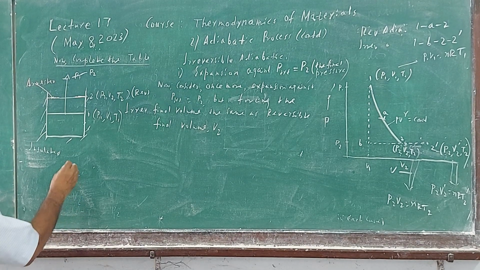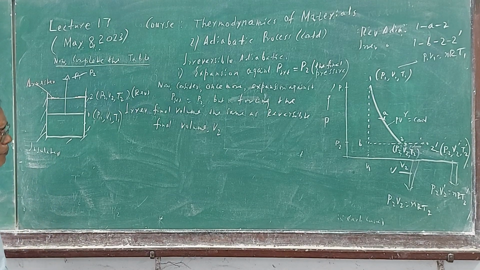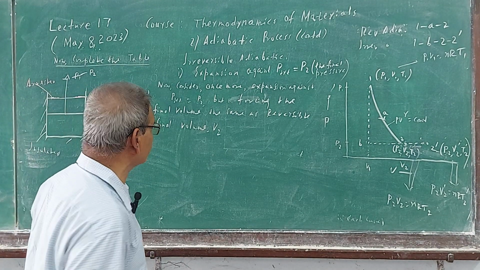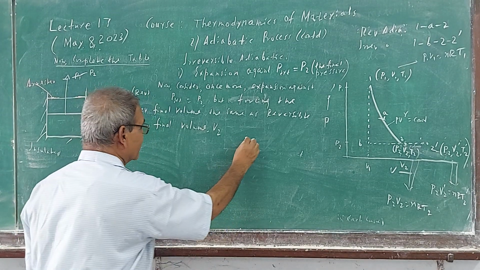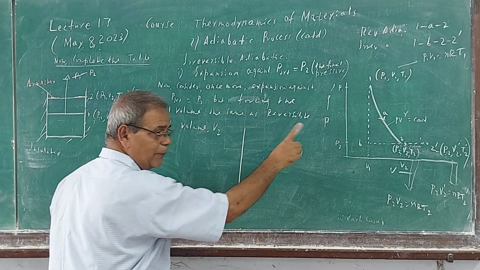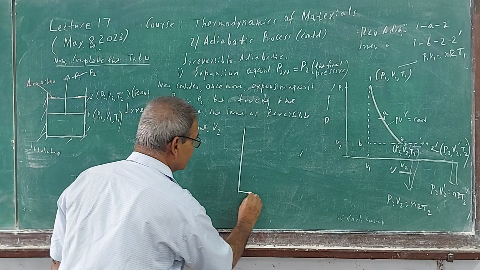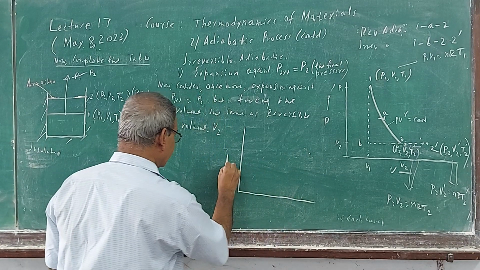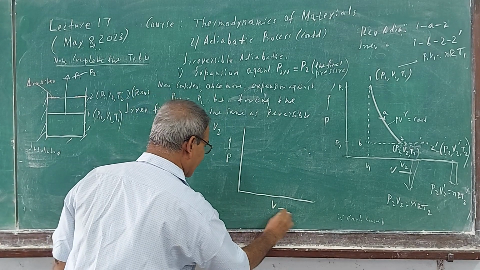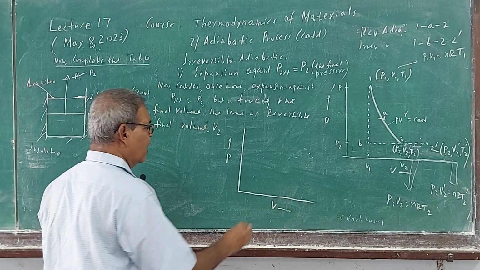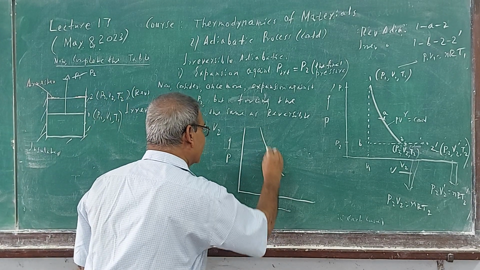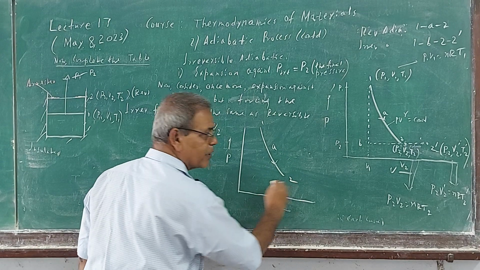Okay, this time what is this V2? Tell me again. I'm sketching this for you, follow me. I'm taking trouble because I don't want to make it clumsy. Retain that. Again, always draw the reversible adiabatic for reference.